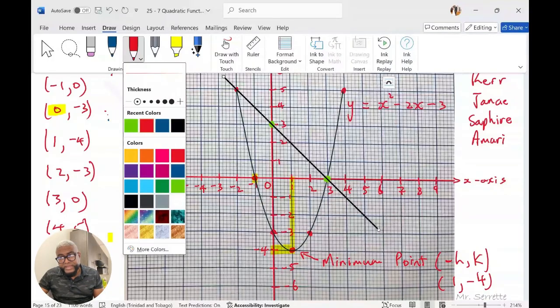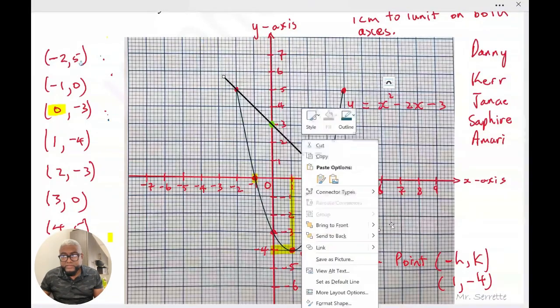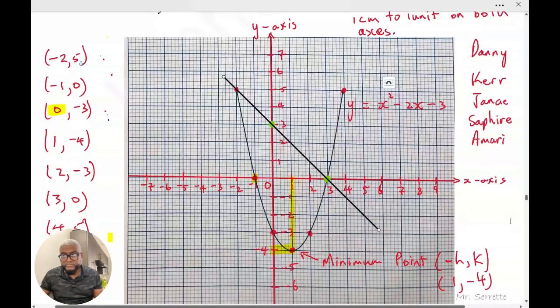This line here would be y is equal to negative x plus 3.